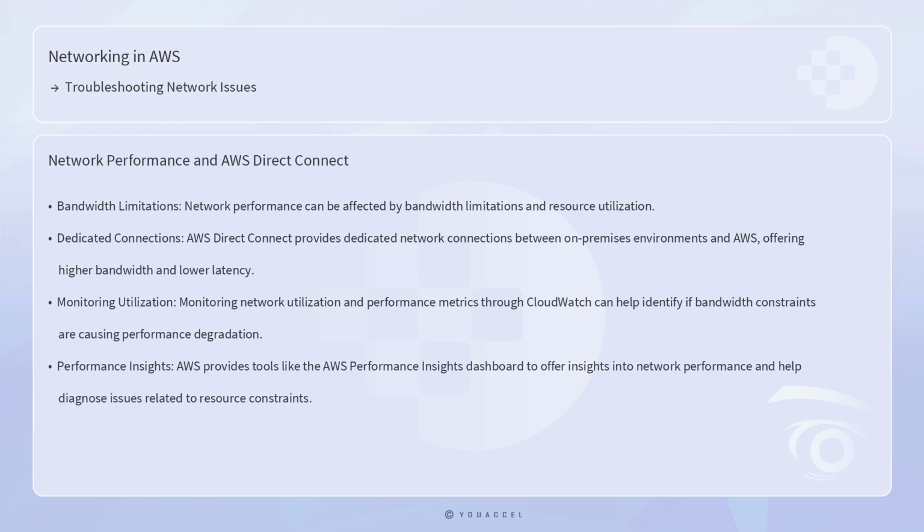Additionally, AWS provides tools like the AWS Performance Insights dashboard, which can offer insights into network performance and help in diagnosing issues related to resource constraints. For example, if an application experiences slow performance, analyzing the network throughput and latency metrics can help determine if the network link is saturated and requires a higher bandwidth connection or optimized configurations.